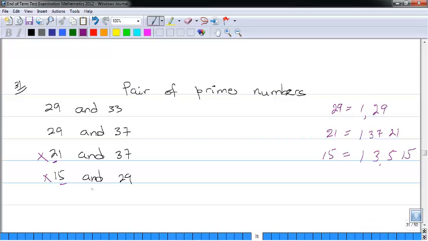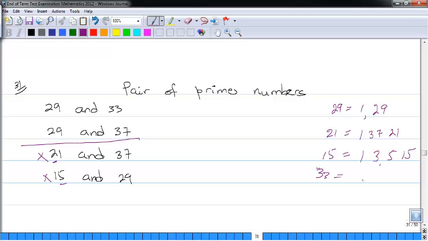Now, looking at the items that are left, we have only two items left, being 29 and 33, and 29 and 37. We already established that 29 is prime, so now we're going to be looking at 33 and 37 to see which is prime. Let's deal with 33. What are the factors of 33?